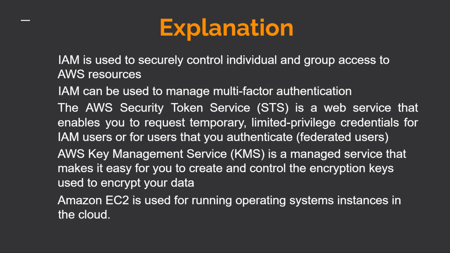The AWS Security Token Service, STS, is a web service that enables you to request temporary, limited privilege credentials for IAM users or, for users that you authenticate, federated users. AWS Key Management Service, KMS, is a managed service that makes it easy for you to create and control the encryption keys used to encrypt your data. Amazon EC2 is used for running operating system instances in the cloud.